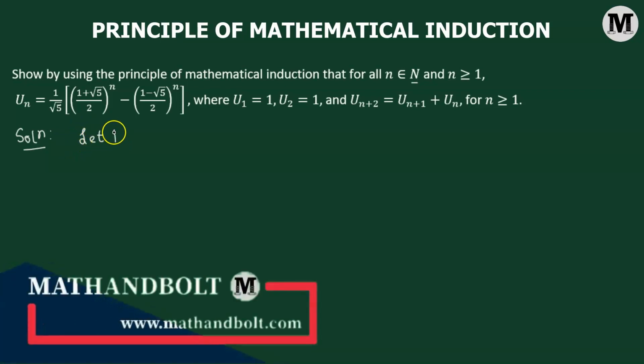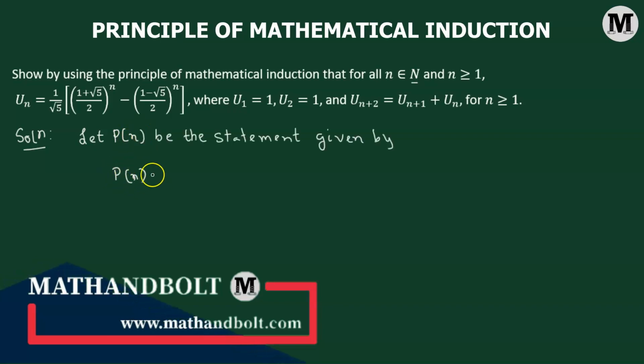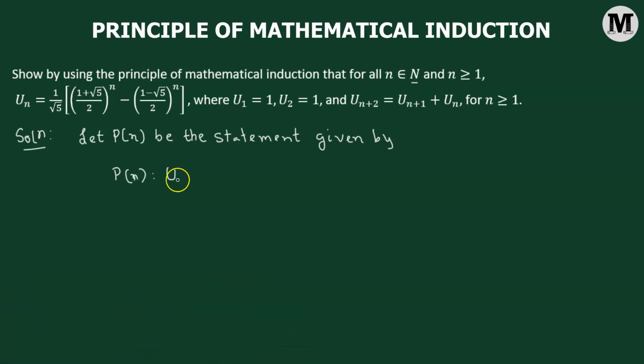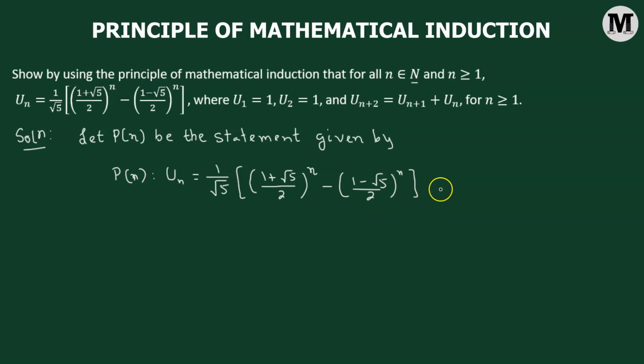Let P of n be the statement such that u of n equals 1 over square root of 5 multiplied by 1 plus square root of 5 divided by 2, whole raised to the power of n, minus 1 minus square root of 5 divided by 2, raised to the power of n. This is the statement, and we're going to label this as statement number 1.